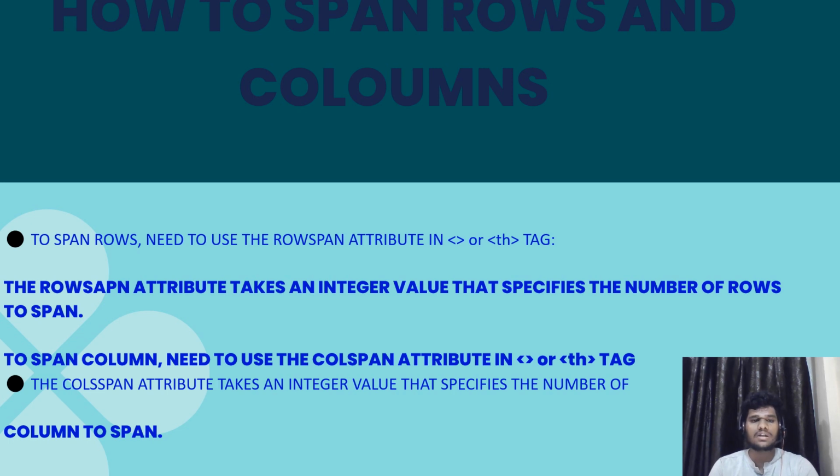The rowspan attribute takes an integer value that specifies the number of rows to span. To span columns, we need to use the colspan attribute in the td or th tag. The colspan attribute takes an integer value that specifies the number of columns to span.